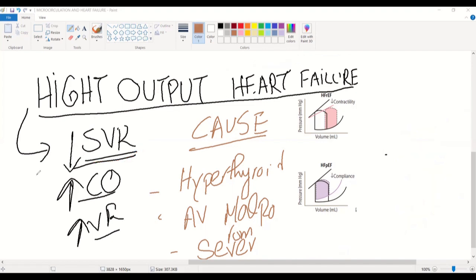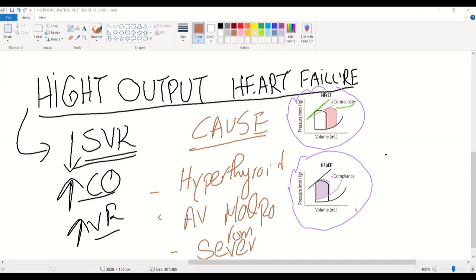So this is today's last concept about heart failure. This is heart failure with reduced ejection fraction, and this is heart failure with preserved ejection fraction. In reduced ejection fraction, this is the normal contractility, and the contractility is going down.